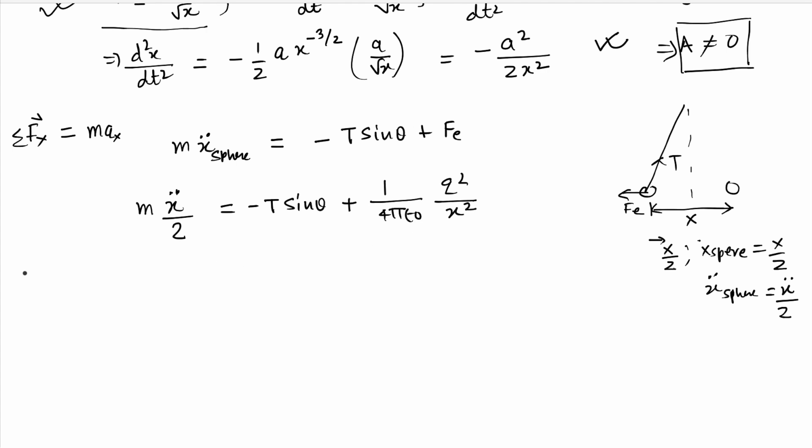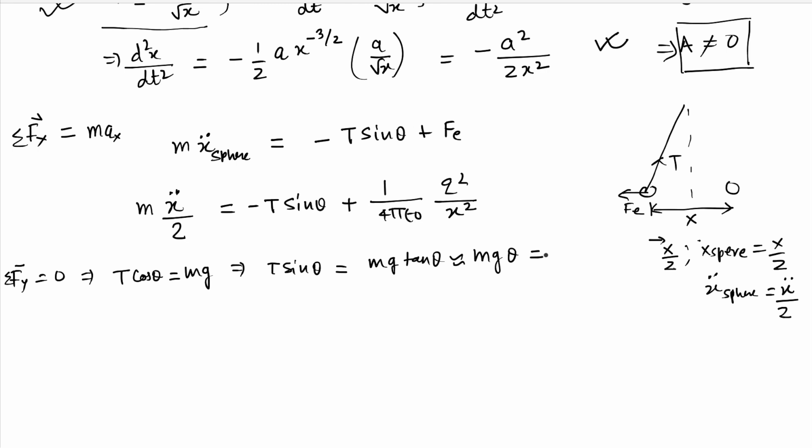Okay, and then we know that Fy is 0, which is T cos theta is mg. Therefore, T sin theta is mg tan theta, which is mg theta, which is mg x by 2l, right? We computed that.